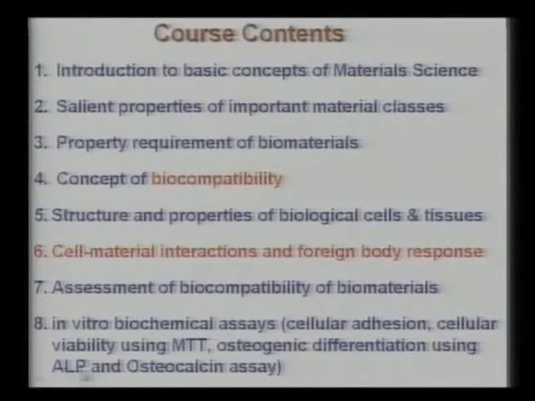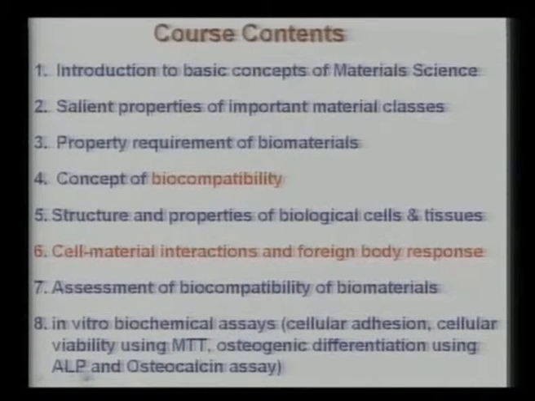So first I'll introduce you to the basic concepts of material science, because in the biomaterials field many people from a number of different disciplines like biology, material science, mechanical engineering all work together in this area. So it is important first to have the basic concepts of material science. It will then be followed by the salient properties of important material classes, namely the metals, ceramics and polymers.